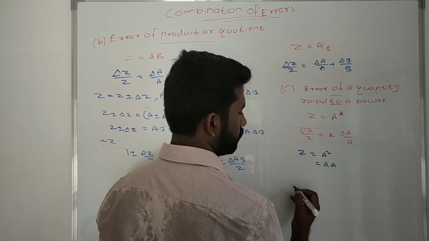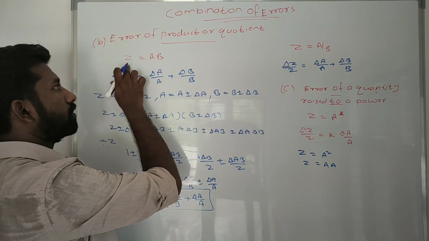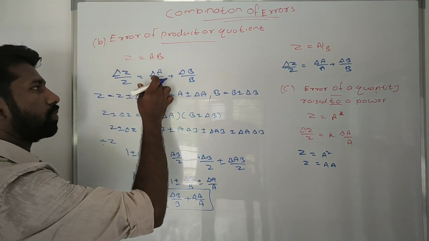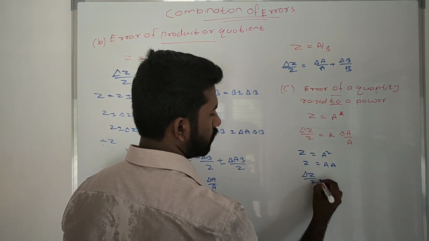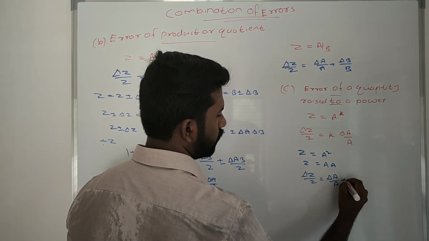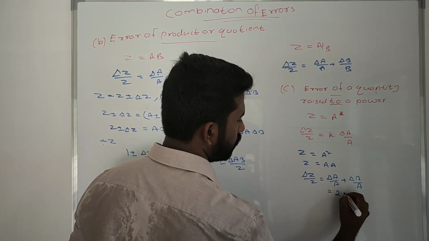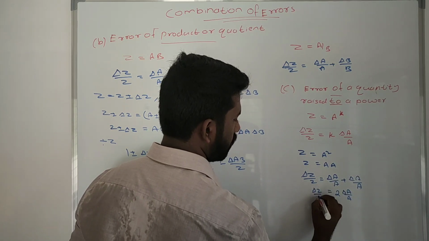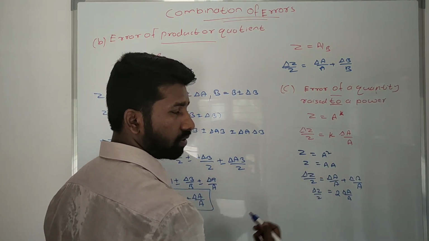A into A. We already studied that if Z is equal to A into B, the relative error in Z is equal to the relative error in A plus the relative error in B. So the relative error in Z, delta Z by Z, is equal to delta A by A plus delta A by A, which is 2 into delta A by A. Here the power of A is 2, that's why 2 times the relative error.